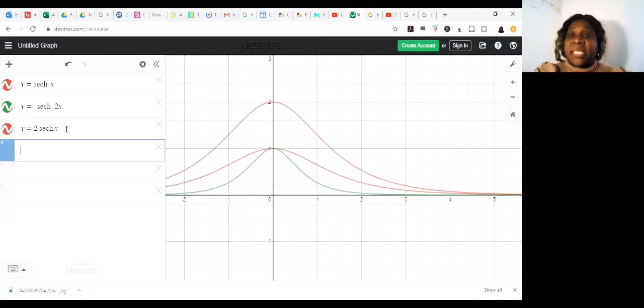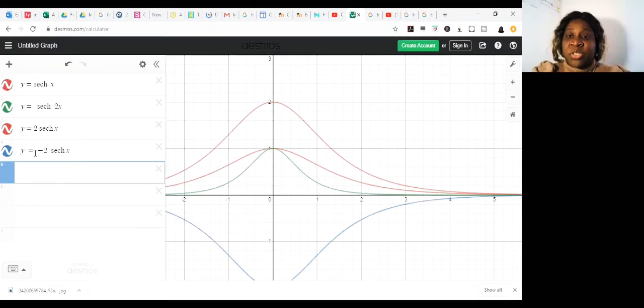Yeah, so that's amplified it, kind of taking it up to 2 instead of 1. So it's cutting the y-axis at 2, but still tending towards 0. And y is equal to -2 cosech x is just going to invert it.